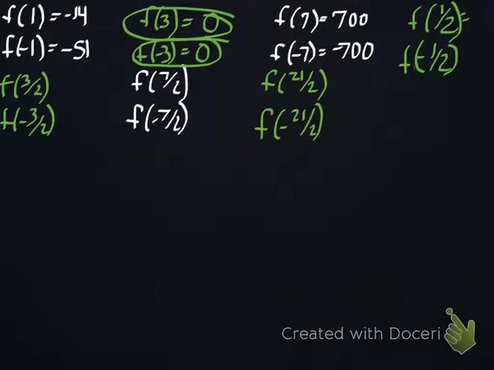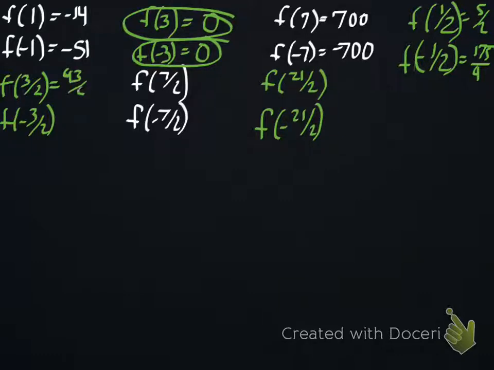Okay, so 1/2. What did you get for positive 1/2? 5 fourths. Negative 1/2: 175 over 4. For 3/2, we got negative 93 over 4.